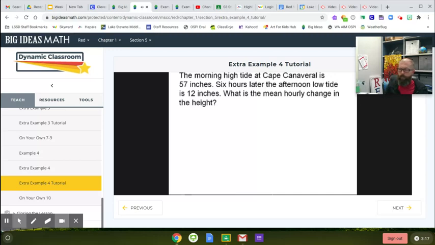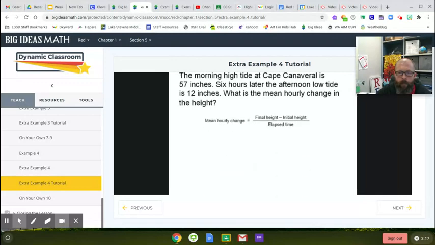We will use a model to solve the problem. The mean hourly change is equal to the final height minus the initial height, all divided by the elapsed time. Now let's match the information in the problem with the model. In the word problem, it says that the morning high tide is 57 inches.